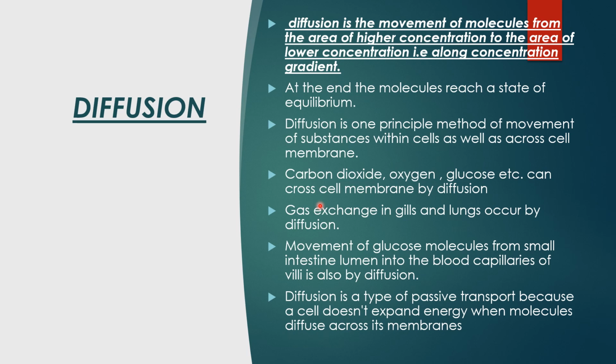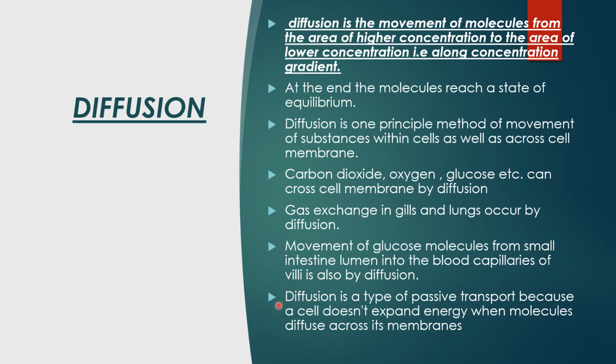Carbon dioxide, oxygen, glucose can cross the cell membrane by diffusion. Gas exchange in gills and lungs occurs by diffusion. Movement of glucose molecules from the small intestine lumen into the blood capillaries of villi is also by diffusion.